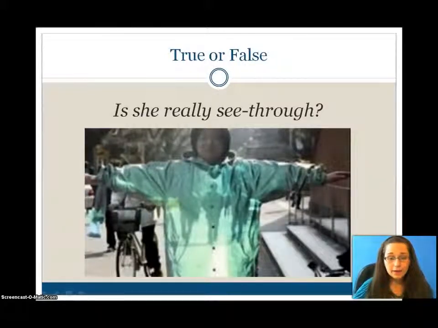Well, really what's happening here is what's called an invisibility cloak. And they do exist, and ultimately what's going on is the light is reflecting. So everything that's coming from behind her is actually being reflected on the front, giving the illusion that she's see-through.